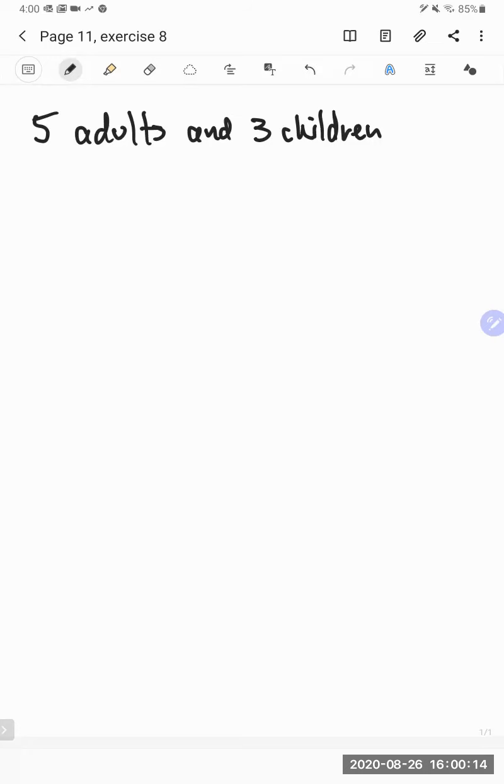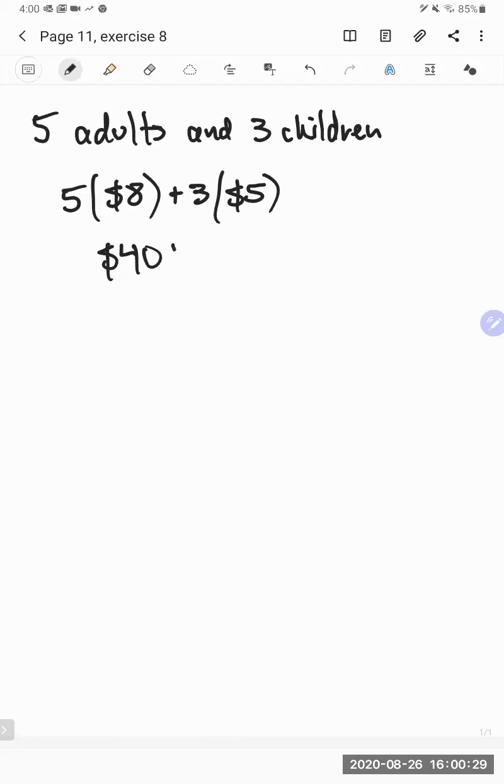So they say, all right, 5 adults, and each adult is charged $8, and then 3 children, and each child is charged $5. And if you add that up, 5 times 8 is 40, and 3 times 5 is 15, and 40 plus 15 is $55.